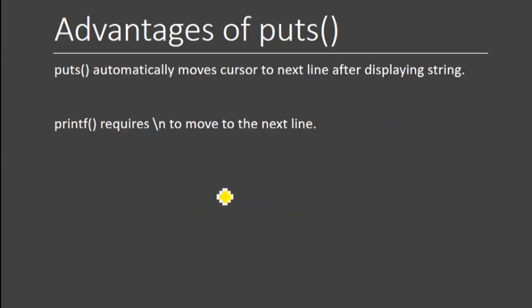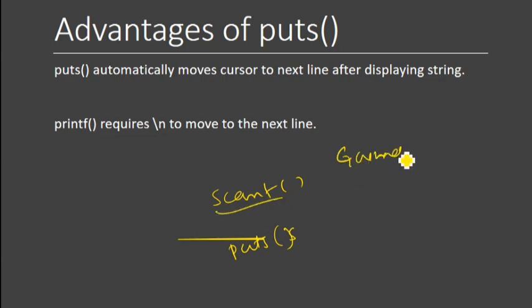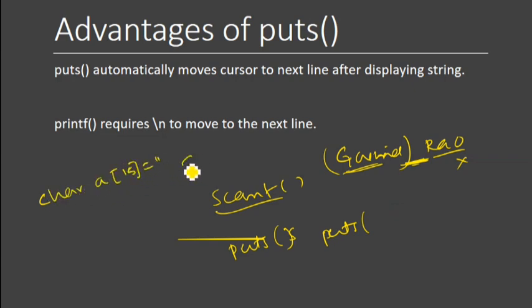But there is a difference between scanf and gets function. Scanf reads only up to a space. For example, if I am writing Govind Rao, wherever there is a space, scanf cannot read the blank spaces, so only Govind is read and the rest will be ignored. Here the gets function reads even where blank spaces are there, so it completely reads that. For example, character a of 15 equal to Govind Rao. Using scanf, it reads only Govind.